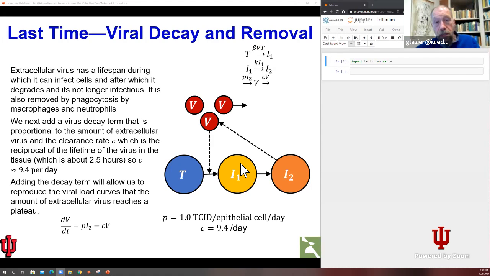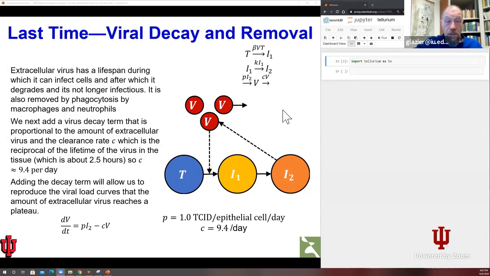So based on this idea that there are these factors eliminating virus from circulation, we introduced a term: V decays at rate CV. C is the clearance rate, which reflects a whole bunch of different mechanisms. It could be complement-induced breakdown of the virus.